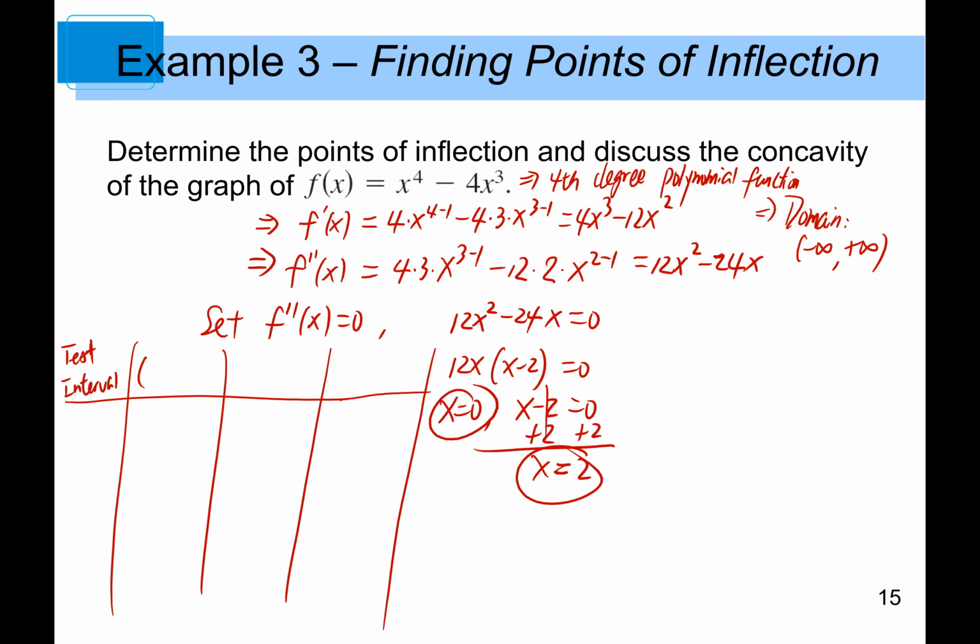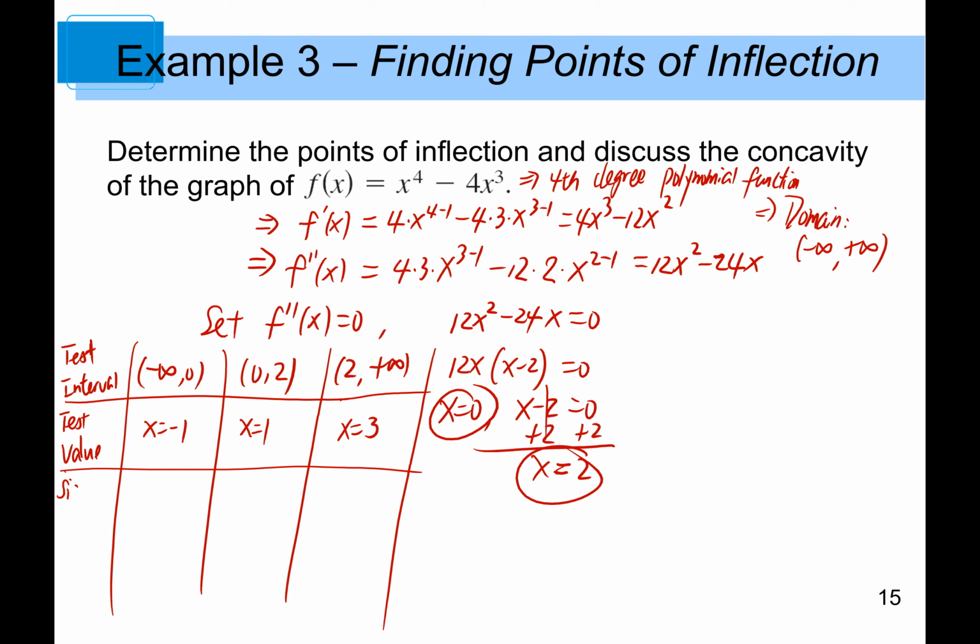So 0 and 2 will separate the whole domain into 3 subintervals: from negative infinity to 0, 0 to 2, and 2 to positive infinity. I'm going to pick a value from each interval. For the first interval we can pick negative 1, second interval 1, third interval we pick 3.